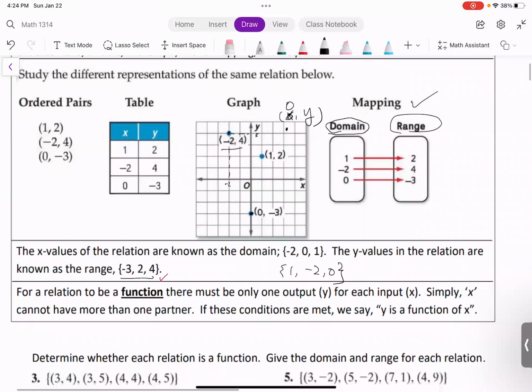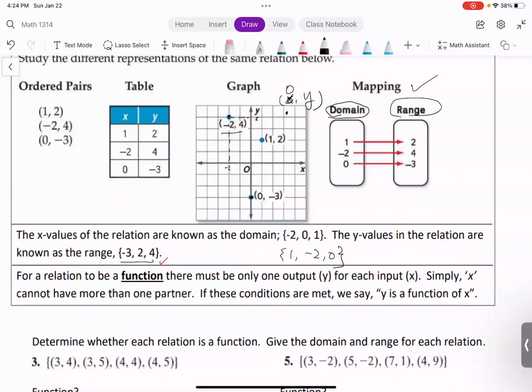For a relation to be a function, there must be only one output Y for each input X. Simply, X cannot have more than one partner. If this condition is met, we say Y is a function. That means we can have a relationship like this, X to Y. And also we can have another X. For example, this is X sub 1, X sub 2.